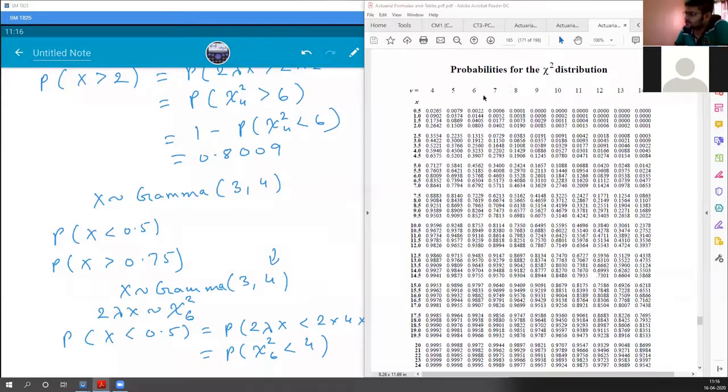So we'll go to chi square 6 and we want less than 4 probability. That would be this, right? 0.3233.